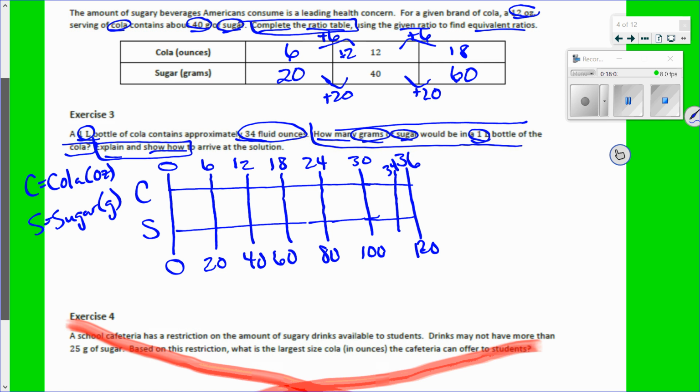Okay, so 34, how many spaces are there between 30 and 36? 6. How many are there between 30 and 34? 4. So now I can start to set up what we call a proportion. So I know I want one that is 4 of the 6 spaces away, right? Can I simplify that?